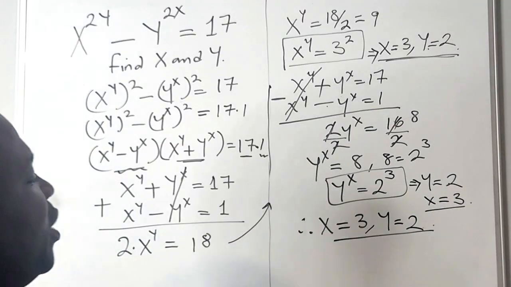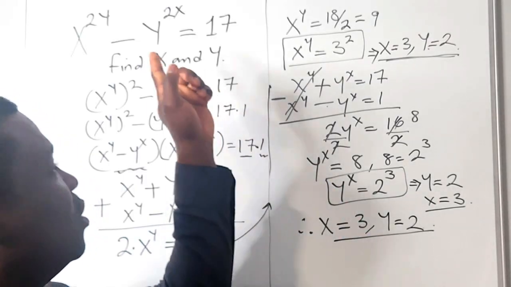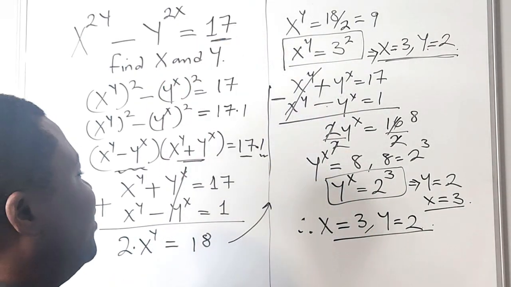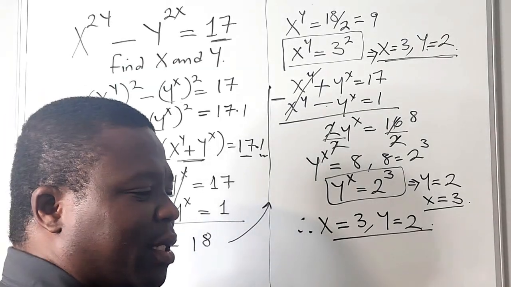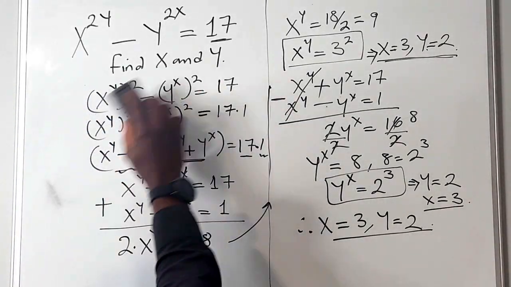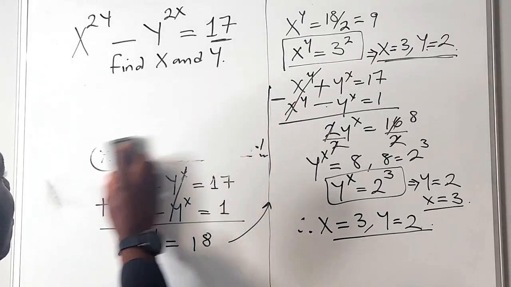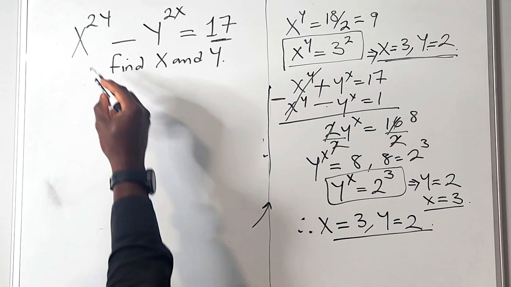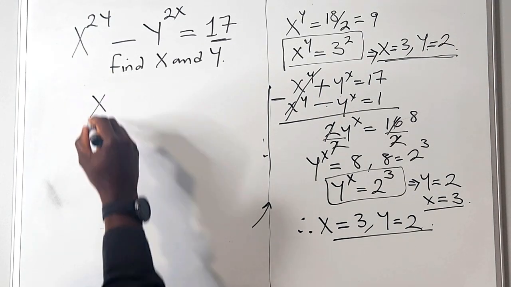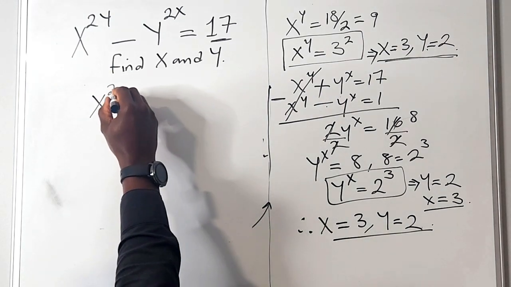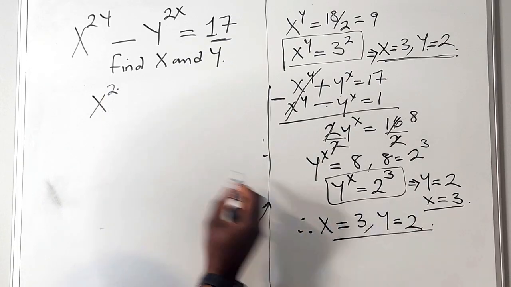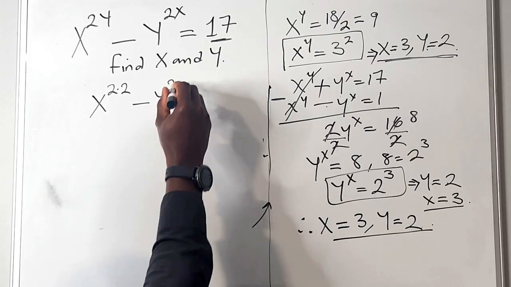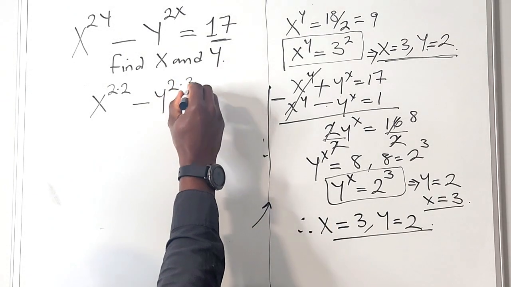Now, if we plug these values back into the equation, let's see if we'll be able to get 17 as the answer. So I'm going to wipe this off. So we have x raised to power 2y, our y is 2, minus y raised to power 2x, our x is 3.